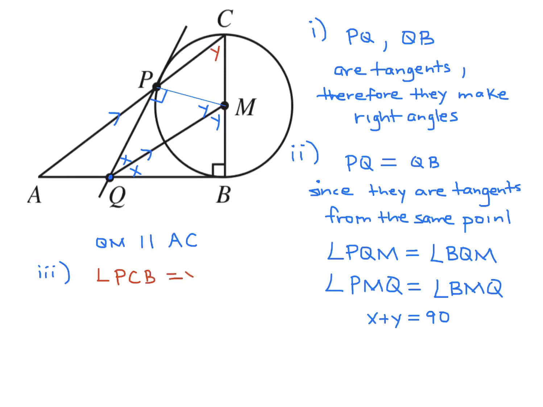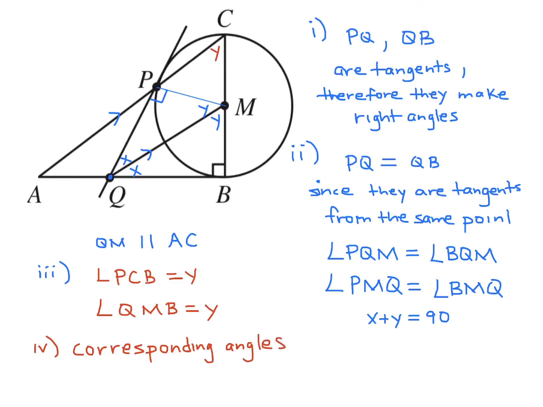is equal to y. Now, do you see any other y somewhere? Well, I see a couple, but there's one in particular, angle QMB is equal to y. This one right here, QMB. And at this point, we will employ our corresponding angles. Now, which one are those in this diagram?